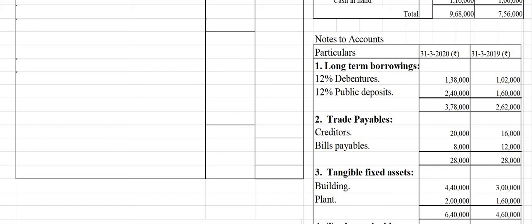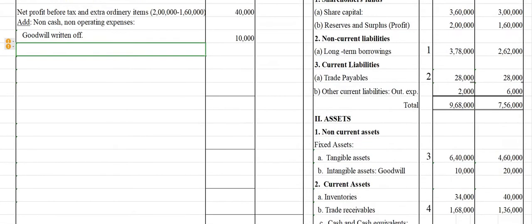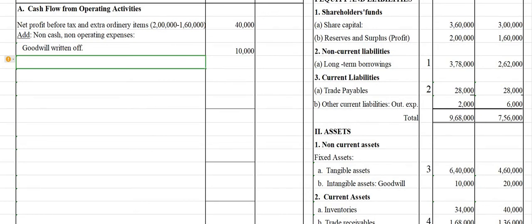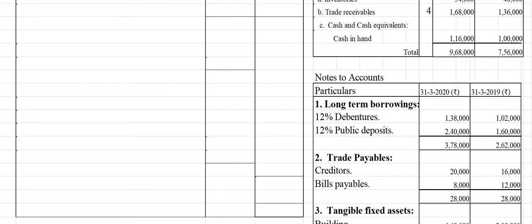And you can see notes to account. Here, notes to account, long-term borrowings. We have given note number 1 here. Long-term borrowings includes 12% debentures and 12% public deposits.